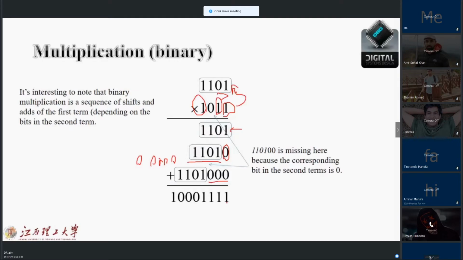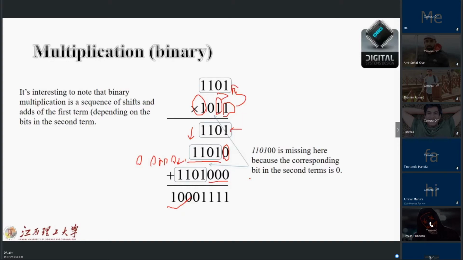Then we have 1 plus 1, which becomes 10. Again, I have 1 here. 1 plus 1 is 10 again here. And the last part is 10, which is the addition of 1 plus 1.